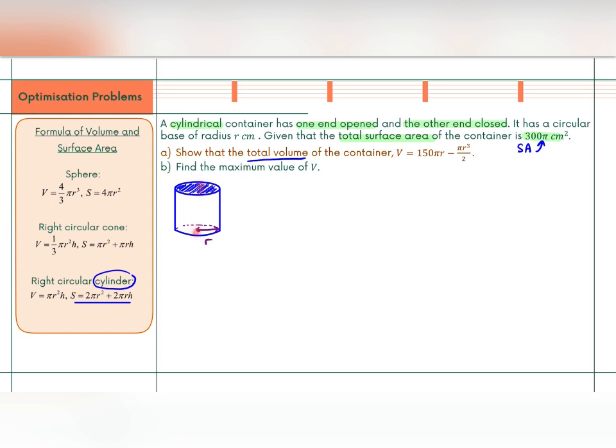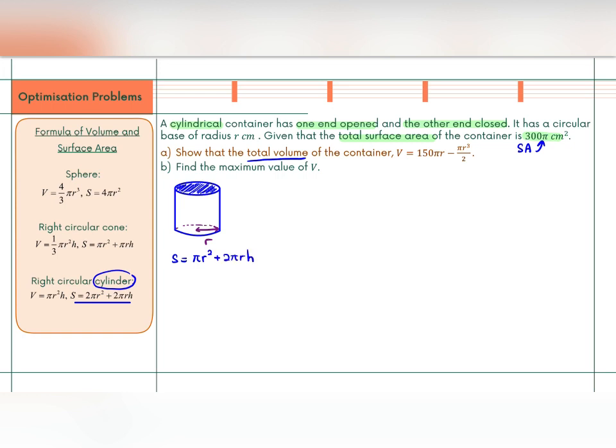Okay, so kalau terbuka, so instead of this one adalah yang kawasan side lah. And 2 pi r squared represent area yang atas dan juga area yang bawah. So, kalau kita ada satu je yang tertutup, that means our surface area will be equals to pi r squared plus 2 pi r h.